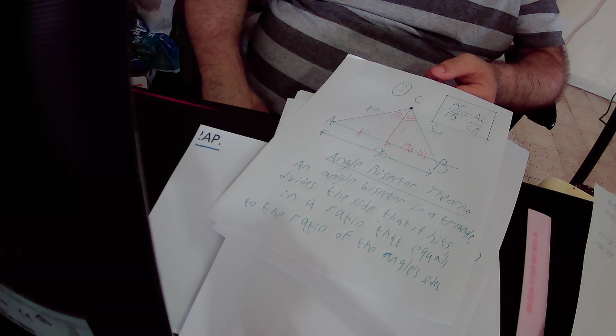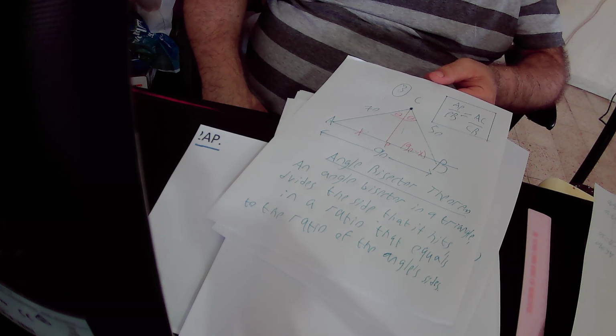So 90 minus x must be a positive number, it can never be 0, so we can multiply both sides of the equation by 90 minus x, okay?